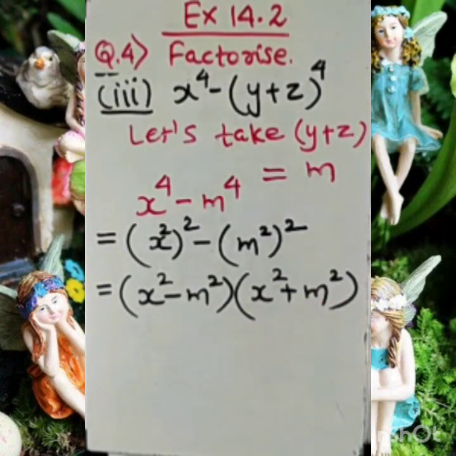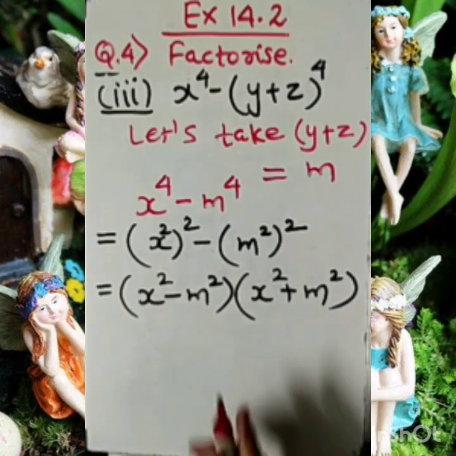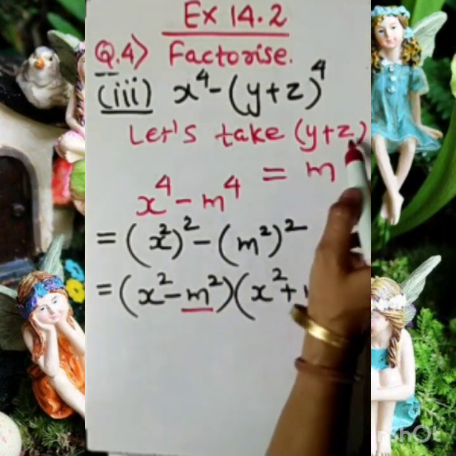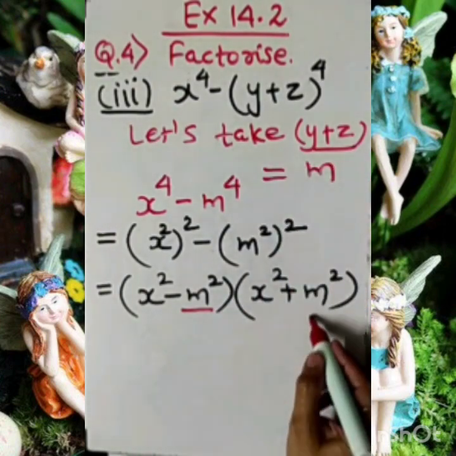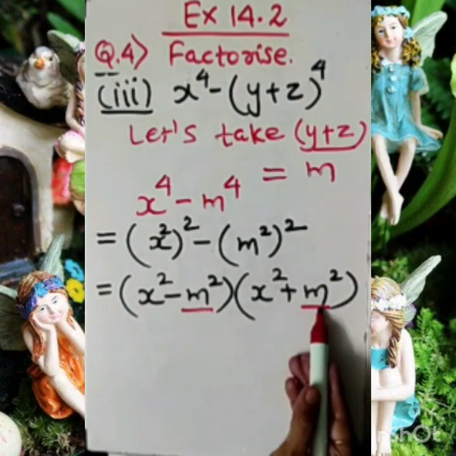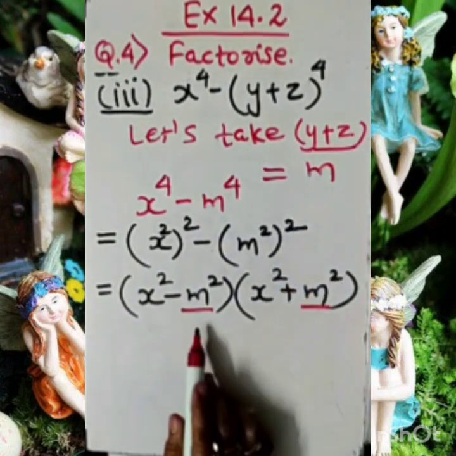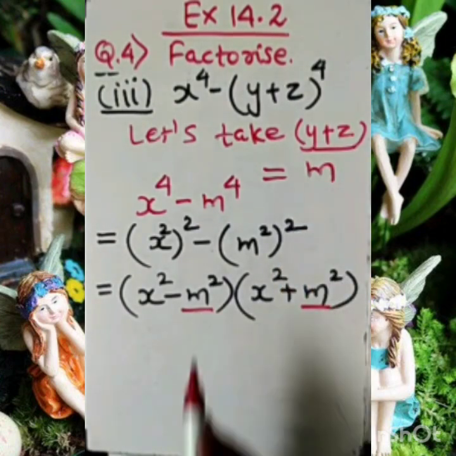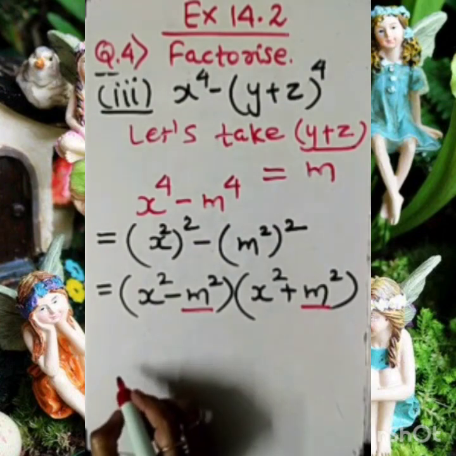So this is not a complete solution, because as we have assumed, in place of m I assumed y plus z. Okay, so I need to put this value of y plus z equal to m in this equation. So what do we have?